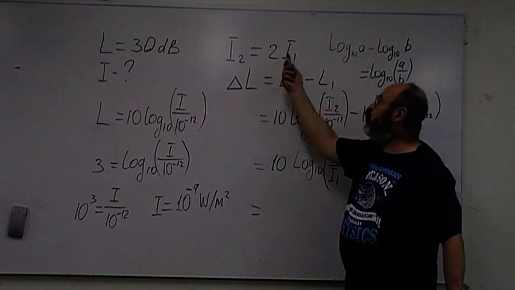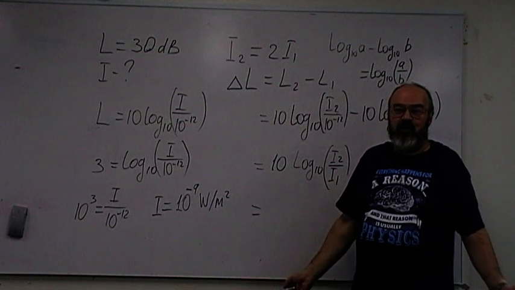If I2 equals 2 times I1, then I2 divided by I1 is 2.